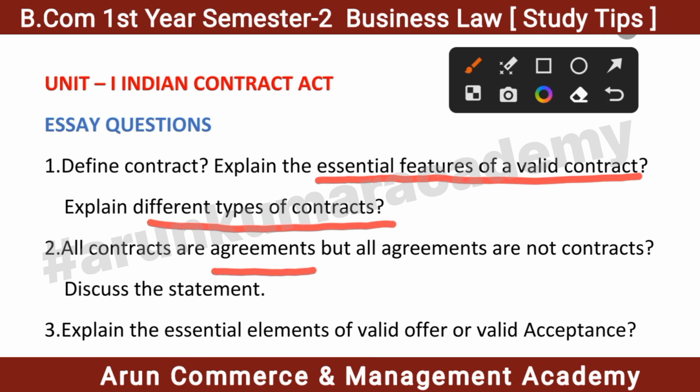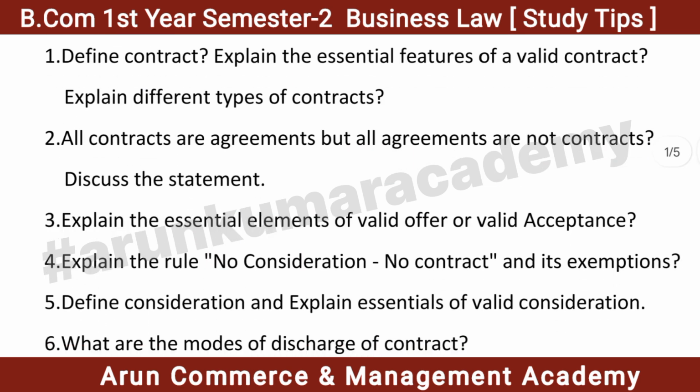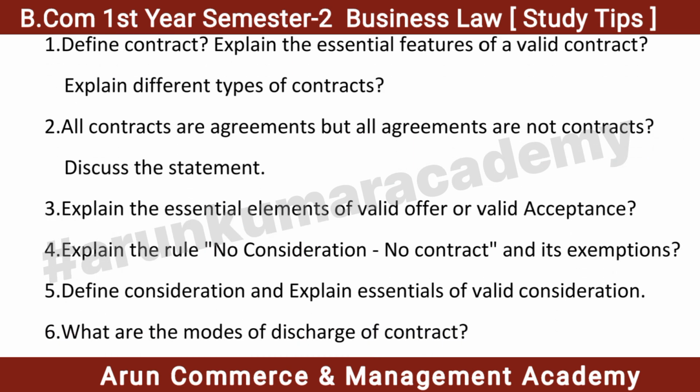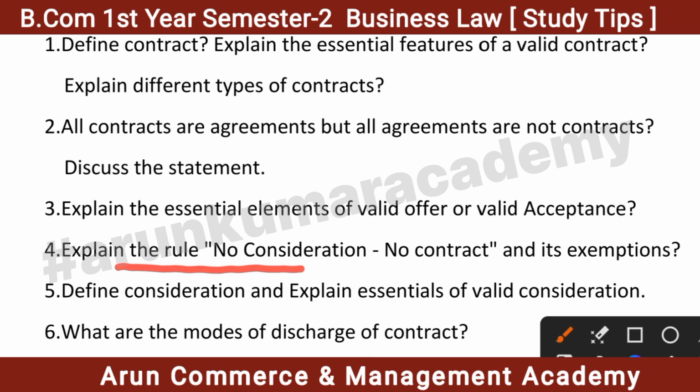Then you need to go through topics like essentials of valid consideration, or sometimes you may get a question like no consideration, no contract and its exceptions. Here some exceptions are there, I think there are 5 exceptions for no consideration, no contract. So you need to explain all the exceptions to consideration. Last time they asked the question from essentials of valid contract.